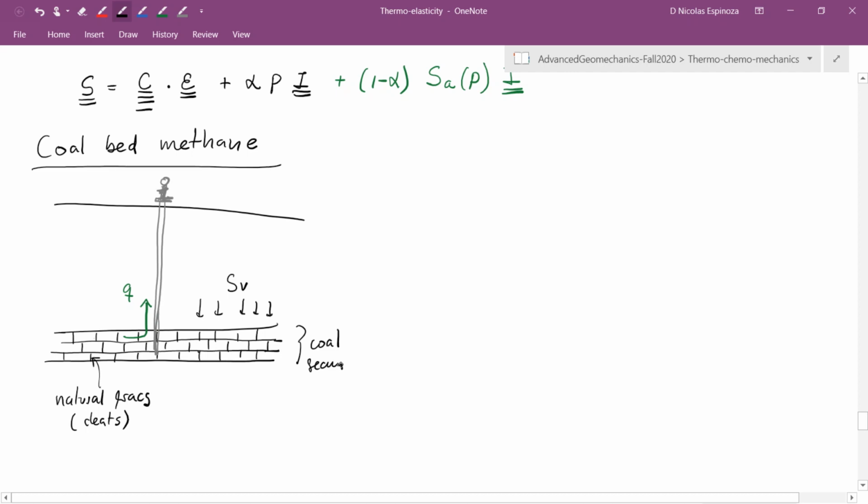The fracture permeability is going to be included and added to our problem through what is called a fracture compressibility. Basically, when you have a fractured rock, let me make a schematic of a fractured rock over here.